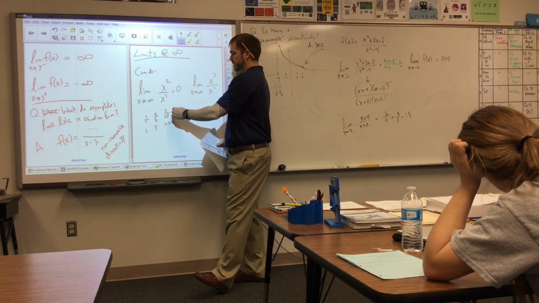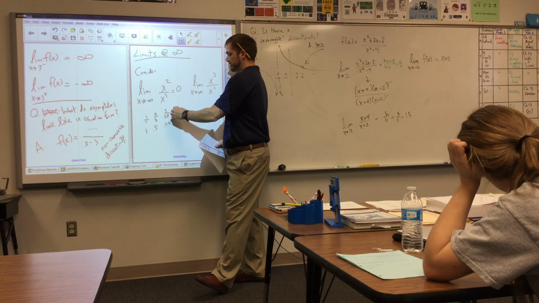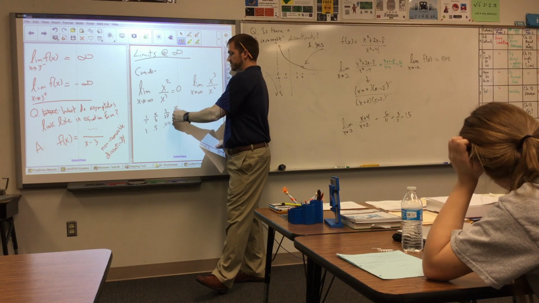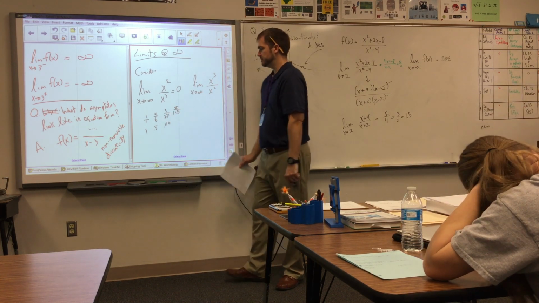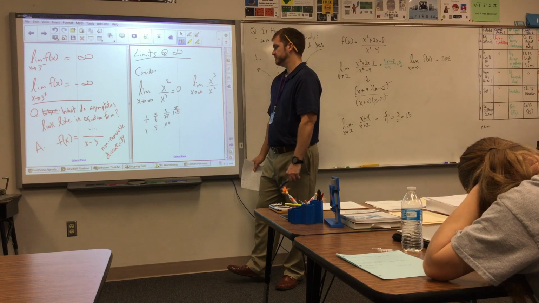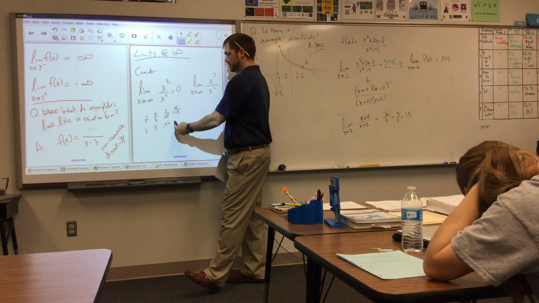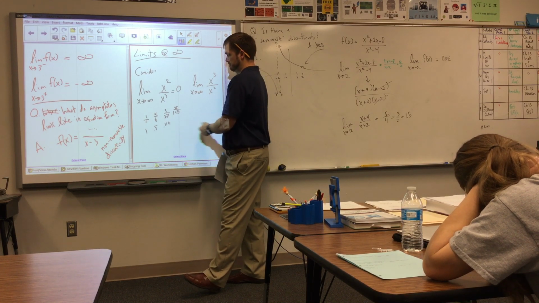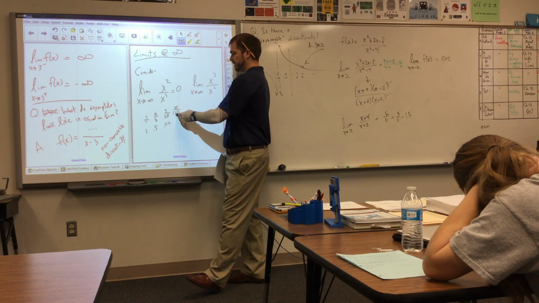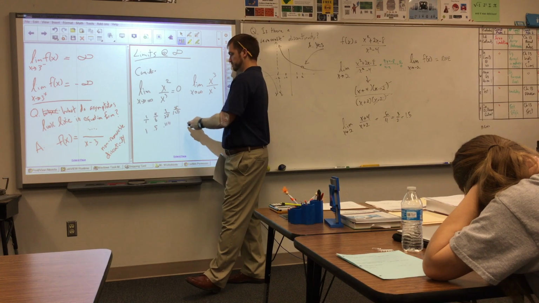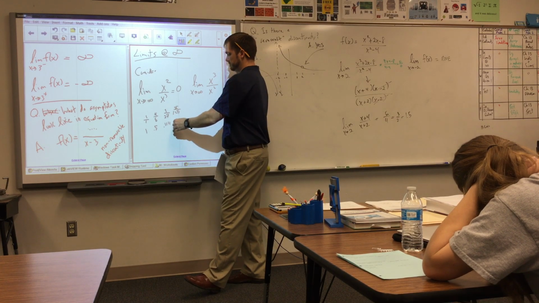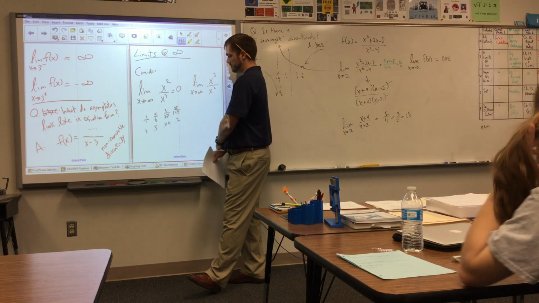If we were to go one more, let's just skip 5. So 25 divided by 125? 0.2. This doesn't seem to be correct.